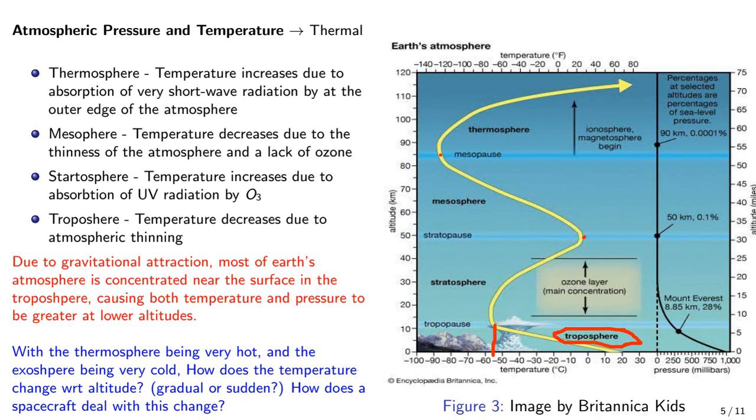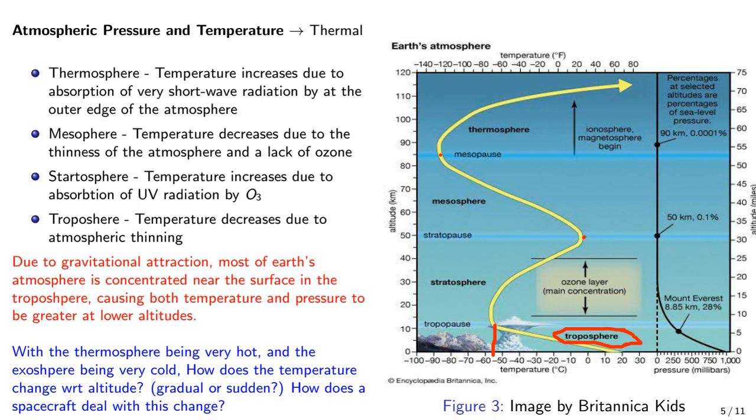Now we're getting into the thermosphere. Some engineers say this is space, but I would say the exosphere is space. You see how your temperature increases here, to about 20 degrees.